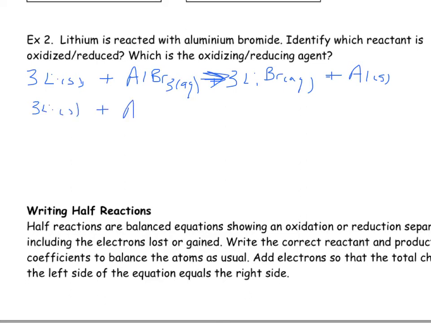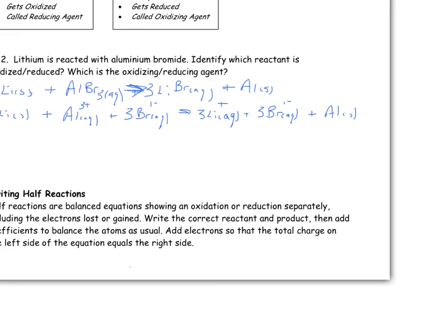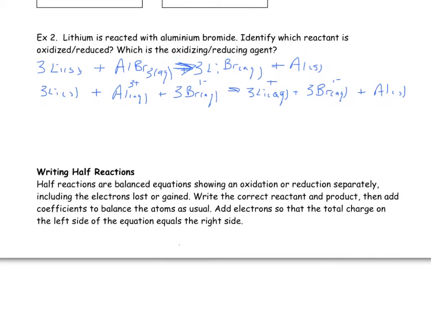I'll start by breaking apart all the AQ compounds into their ions. Because I have three Br1- aqueous on both sides, they are the spectators. If I remove those from my equation, I'll get my net ionic equation.